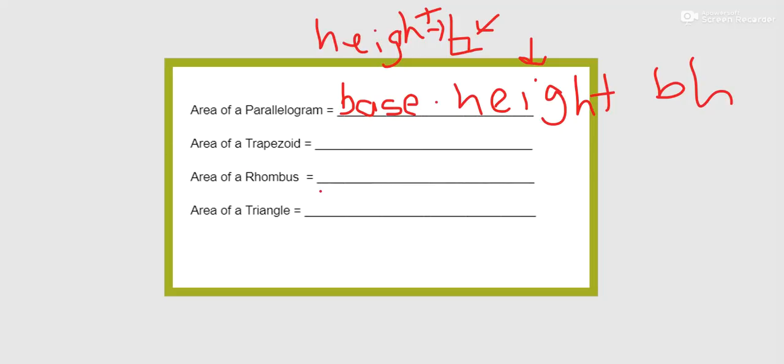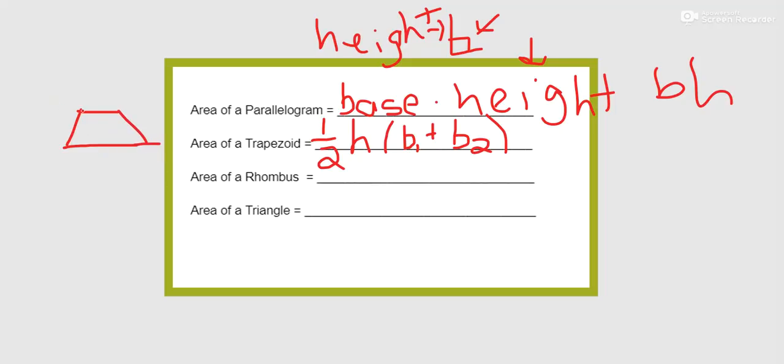So our trapezoid is half of our height times the two bases added. So remember, I said our one base and our two base are different sizes.